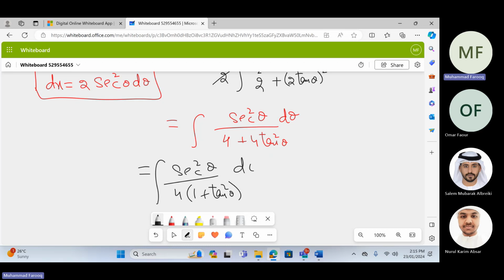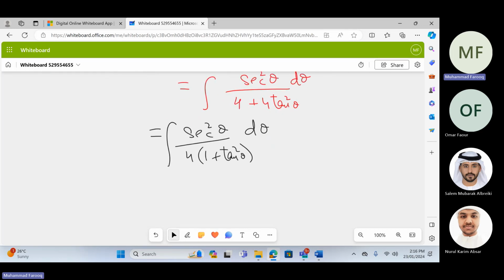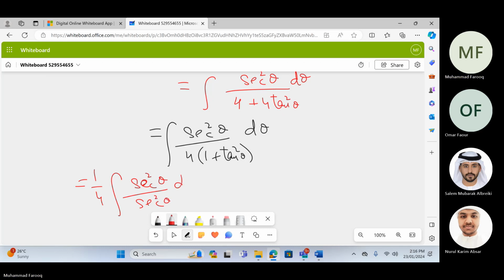And we have here d theta. 1 plus tan squared is how much? Secant squared. So you can take 1 by 4 outside. Here is secant squared theta, divided by 1 plus tan squared, which is secant squared theta, d theta. And you can see both cancel out.